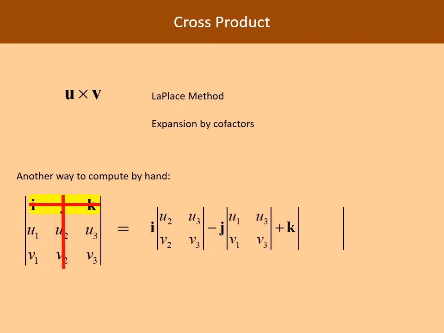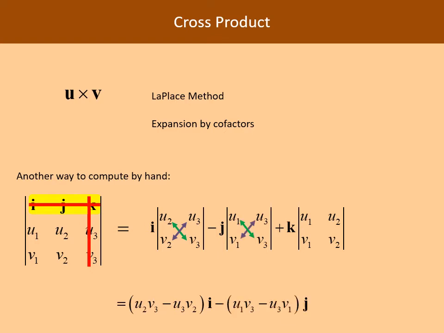And for the k, cross out its row and column. Now, the method of evaluating the 2 by 2 determinants is to multiply, multiply, and subtract. Multiply, multiply, subtract, multiply, multiply, subtract. And this is the same formula that we had before.